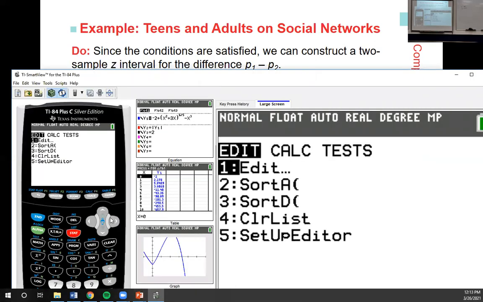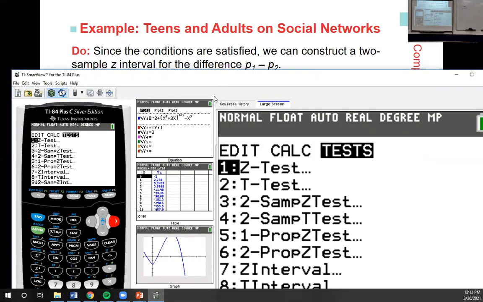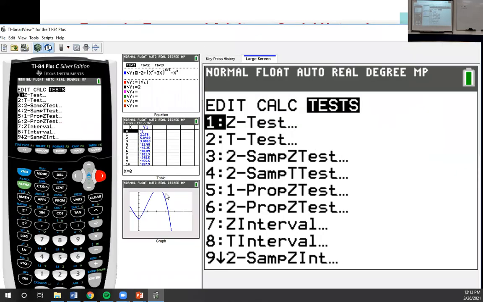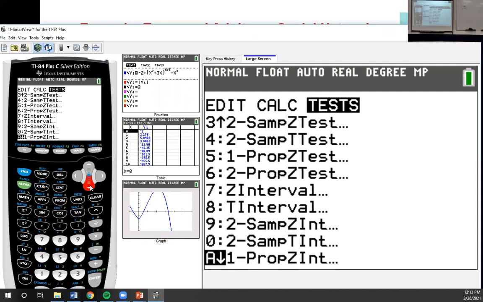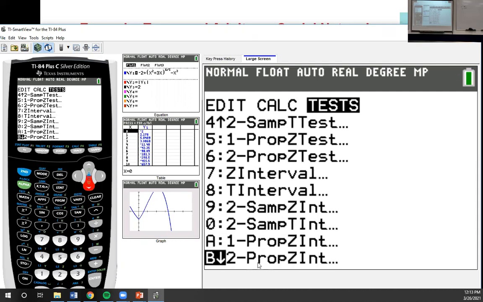Stat, over to tests. You want to look for, not tests, this is not 2 proportions Z tests, this is a confidence interval. So we're going to keep scrolling down to a 2 proportion Z interval. 2 proportion Z interval.